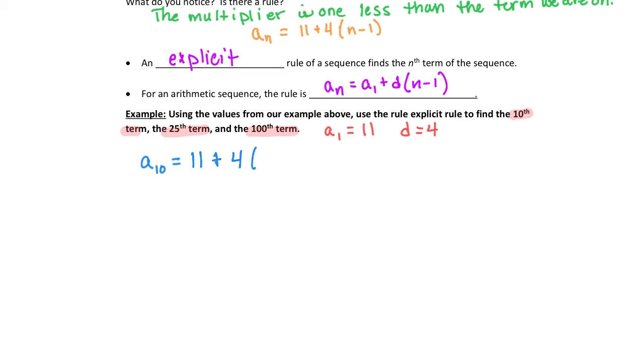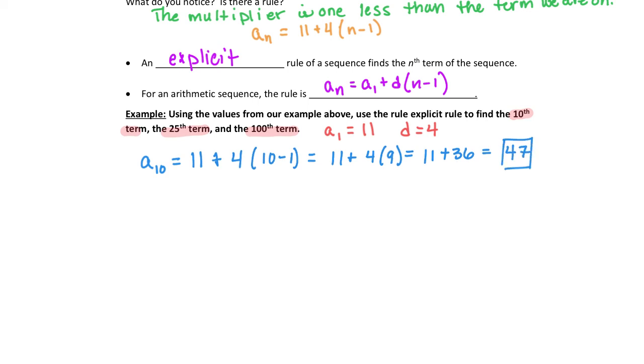And then we've got n minus 1. And just for this time, I'm going to go ahead and put 10 minus 1. Start simplifying that. I get 11 plus 4 times 9, which is going to get 11 plus 36, which is equal to 47.